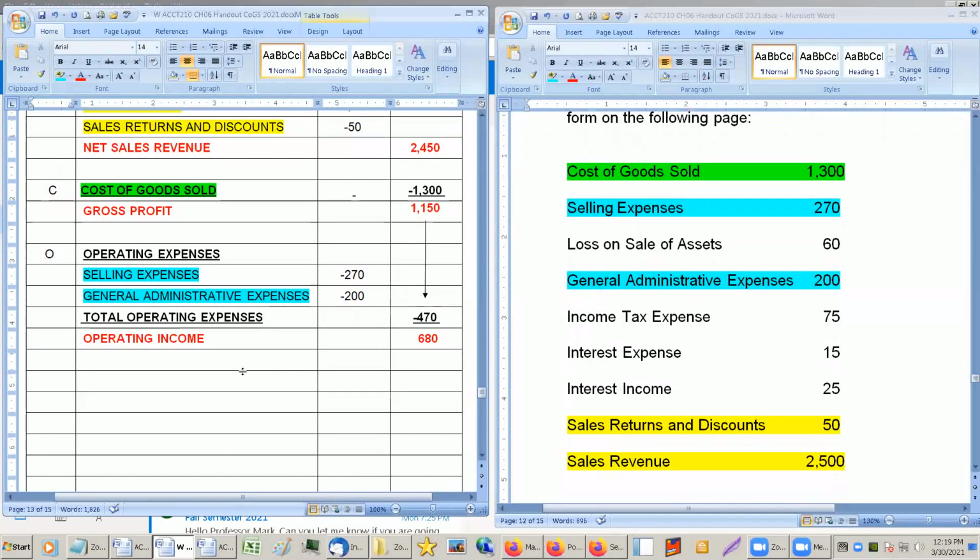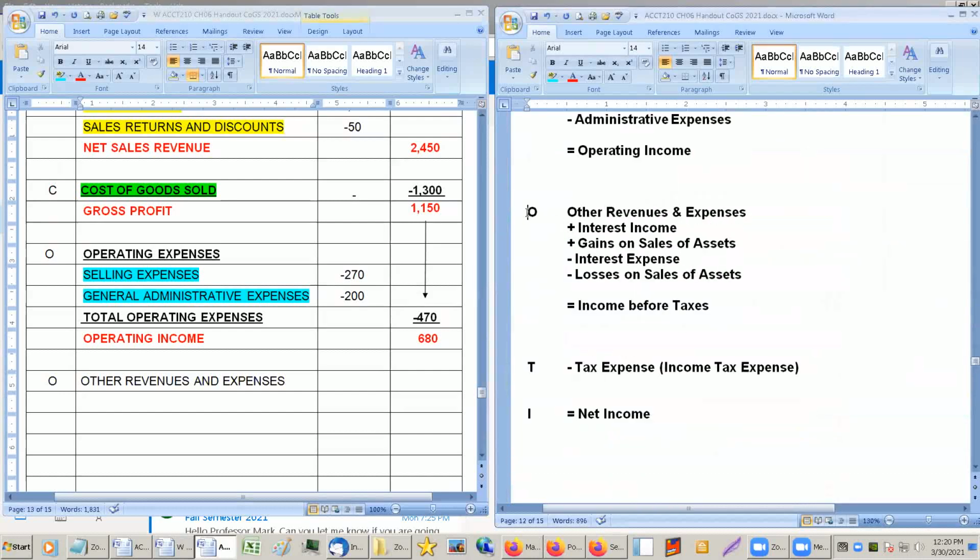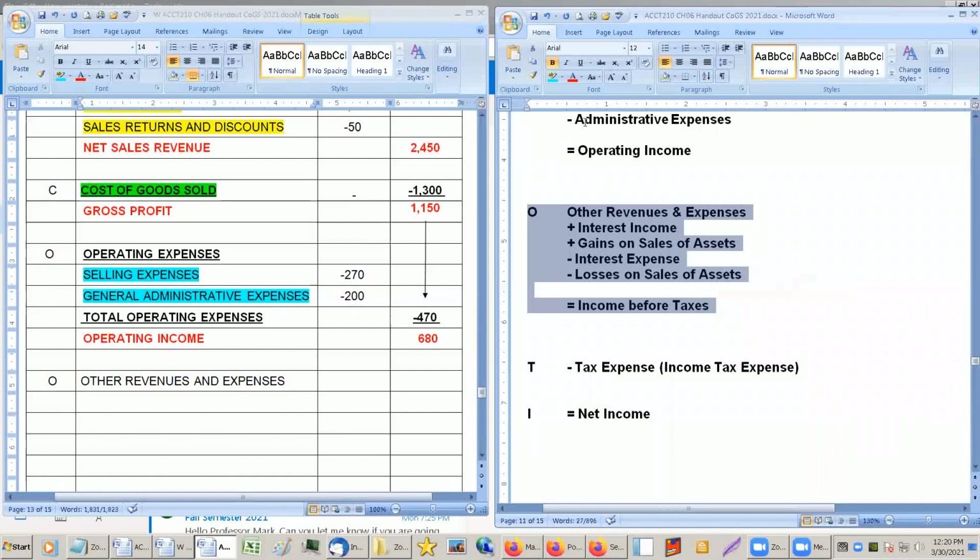So next thing, the second O. The revenues and expenses, and this will include gains and losses, which we'll talk about in a second. Interest income and gains will be pluses.